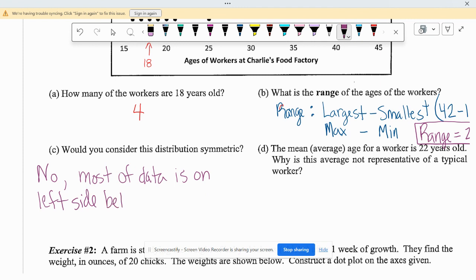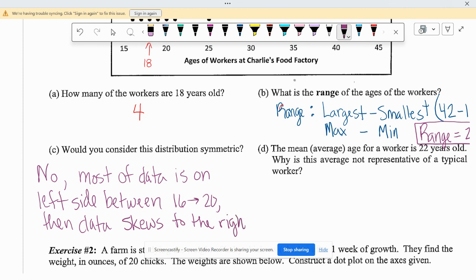And you said between 16 and 20. And then the data, I'm going to use a vocabulary word, skews to the right. It skews to the right.